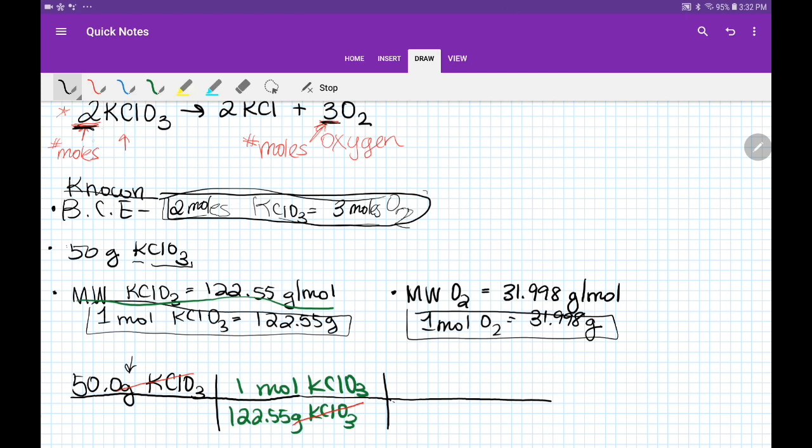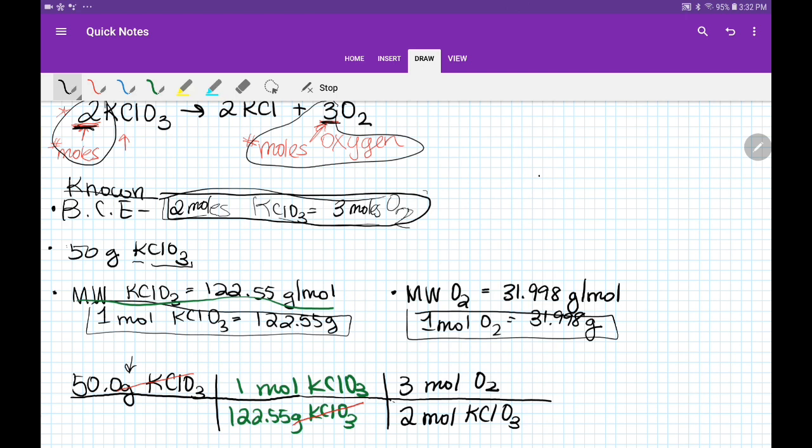So we've got 2 moles of KClO3, which is going to produce 3 moles of oxygen. That's the ratio that goes right here: 2 moles KClO3 produces 3 moles of O2.